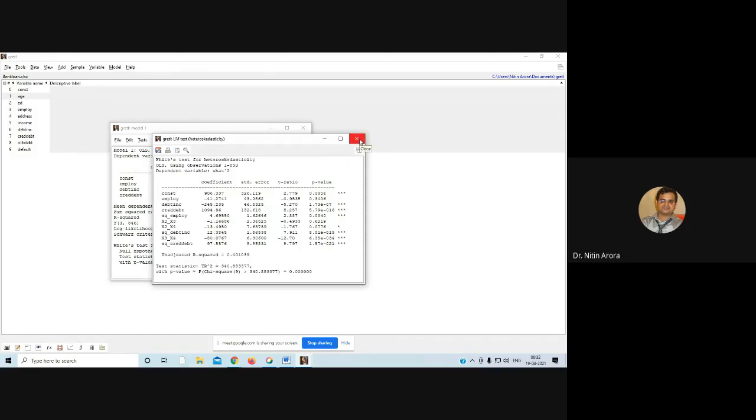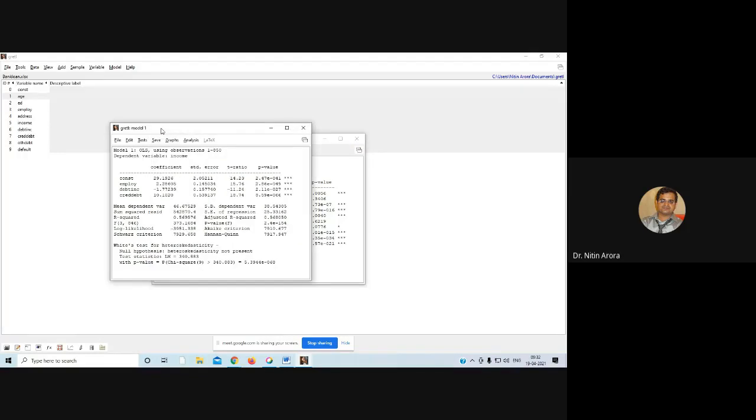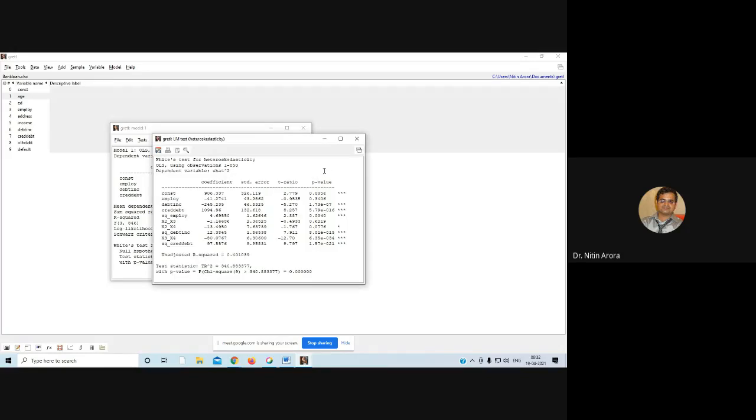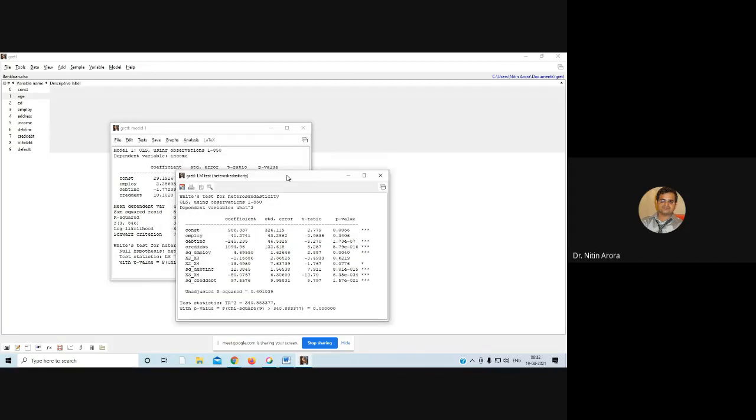So today I have told you the different statistics available after multiple regression estimation, the test of multicollinearity, and the test of heteroskedasticity. Autocorrelation we won't be touching right now because it is more related to time series analysis.